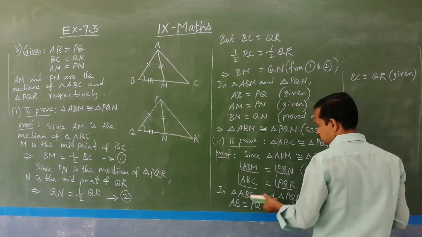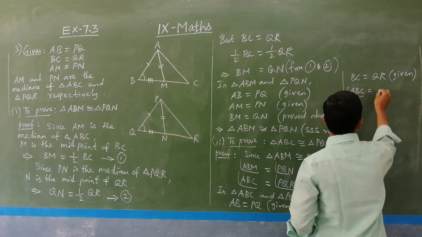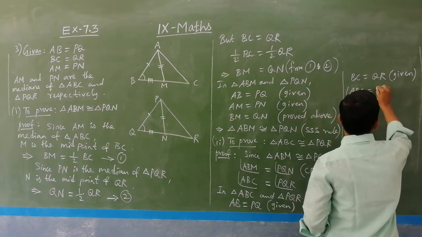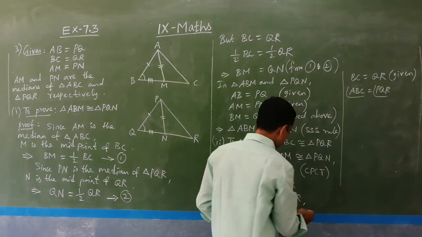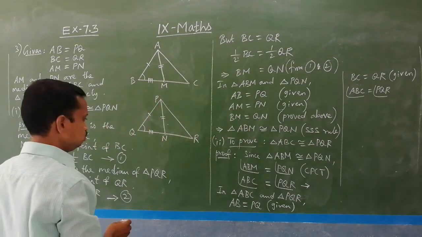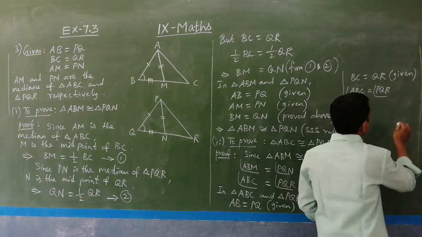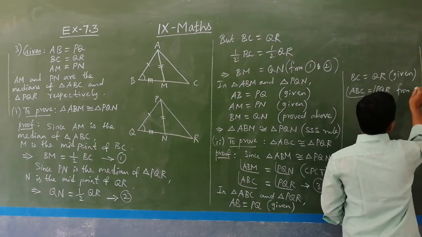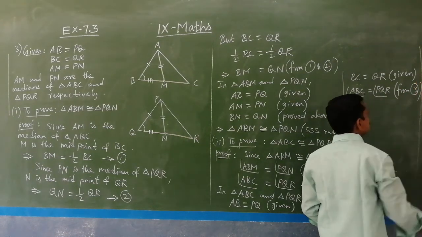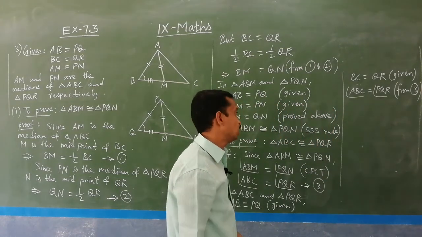And now we have proved these two angles are equal, angle ABC is equal to angle PQR. We can name it as equation 3, since there are no more equations there after 1, 2. So from equation 3 we have angle ABC equal to angle PQR. Clear?